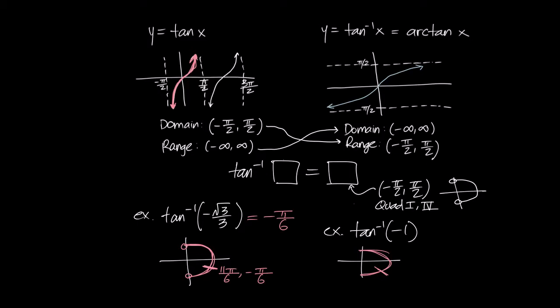Right here, and we now know that we need to call it negative pi over 4 because it needs to be a number that is between negative pi over 2 and pi over 2, because of what we see up here. Everything makes sense if you think about it as a whole.